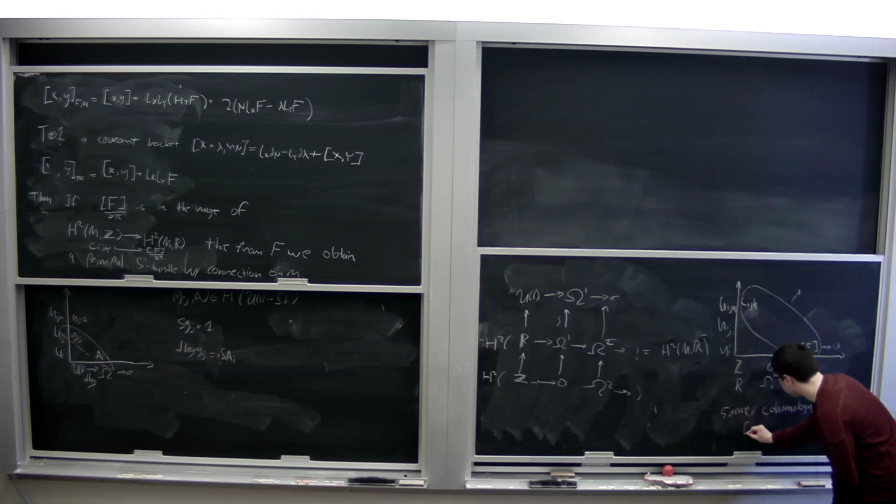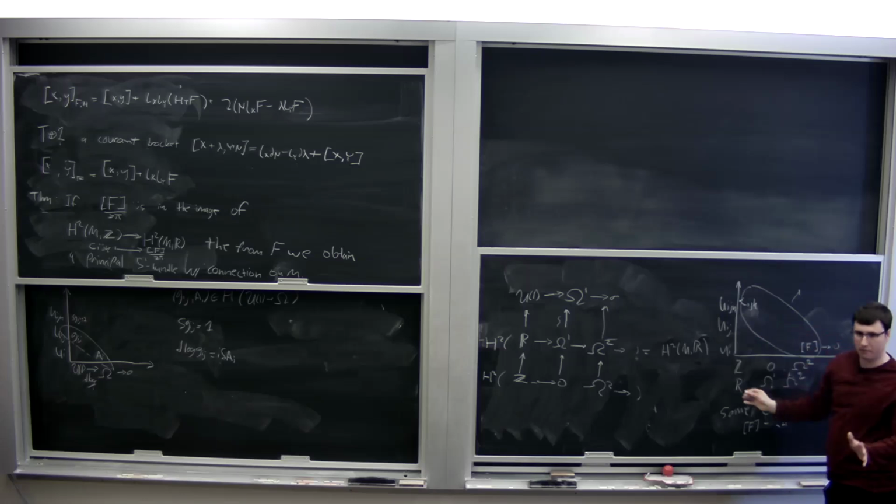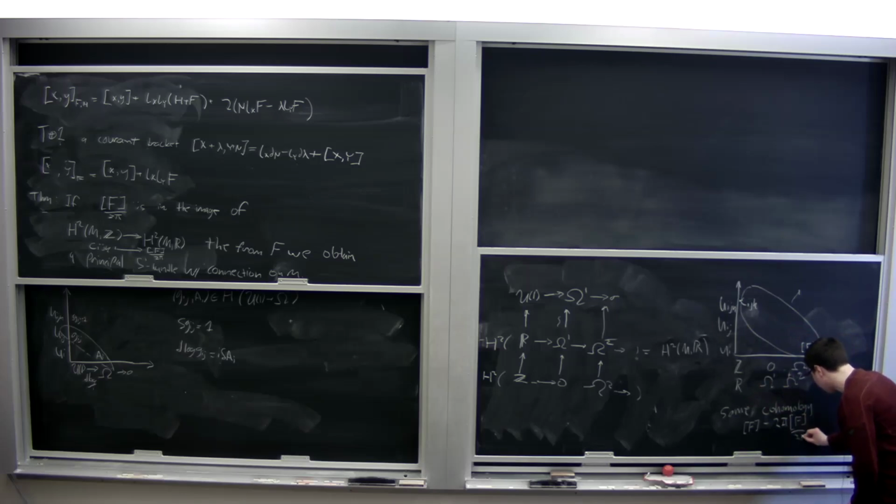So it's the same cohomology class as the class of F minus 2 pi times, I should have put a minus there, my mistake, the class of 2 pi F over 2 pi, which is 0. So this is 0 in cohomology, which means that it comes from something. It's d of something in H1 here.